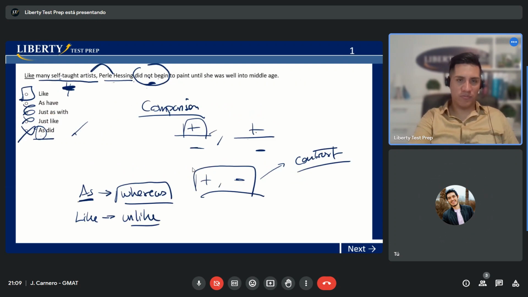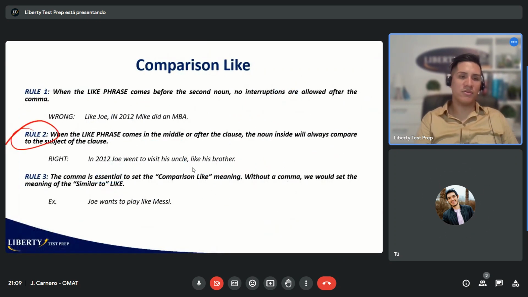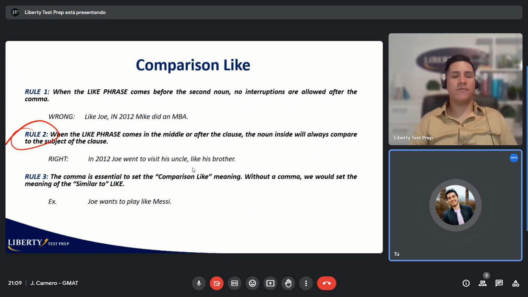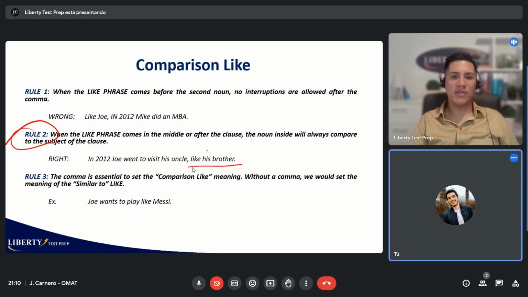There is one good rule we're overlooking. Rule number two. What was rule number two about? I always compare to the subject clause. So when you have the like phrase at the end, in this case, like his brother, what is that comparing to?